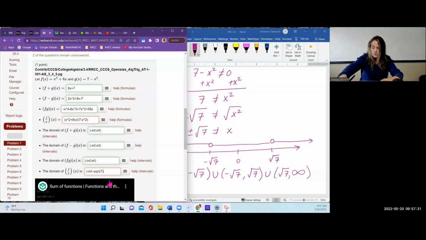Remember to close the parentheses for that portion. Remember that it is not the parentheses that closes the square root. You need another one to close that interval. Then we use the uppercase U, and then we can start again with negative the square root of 7.